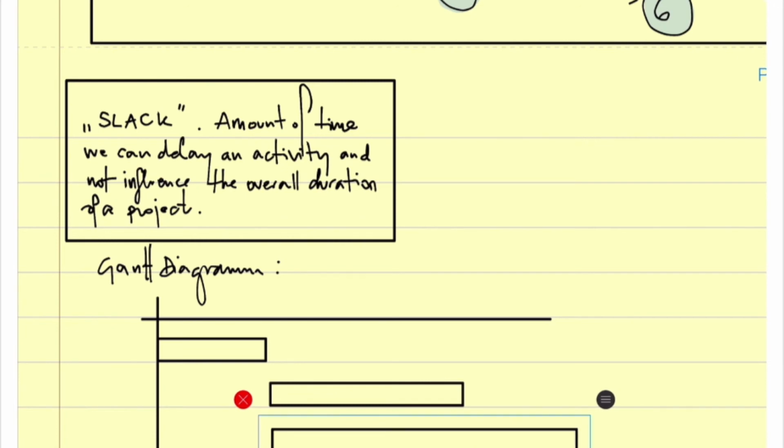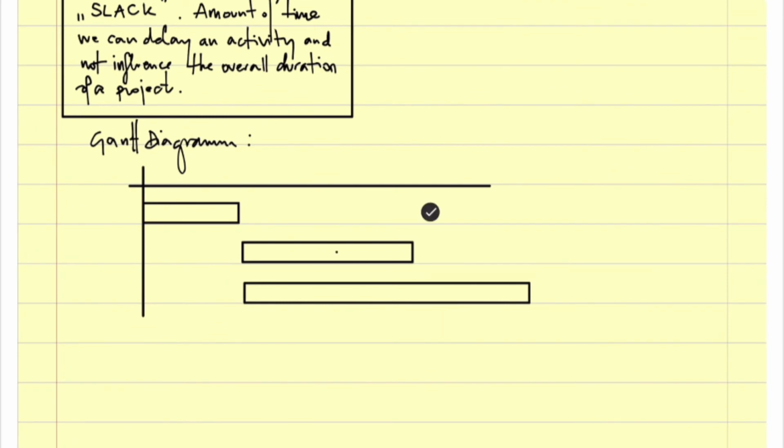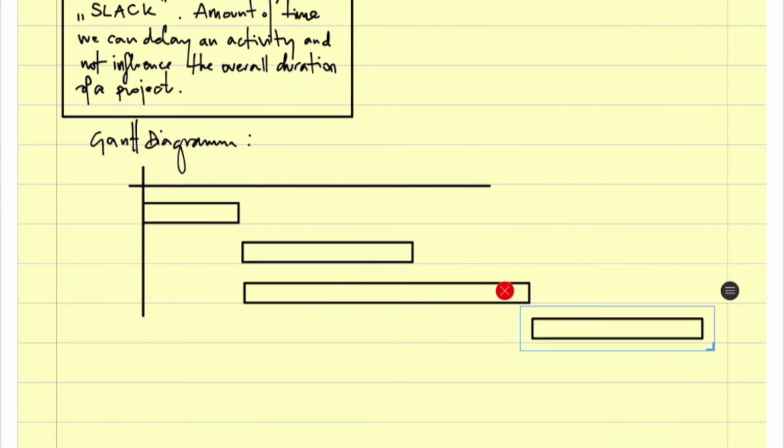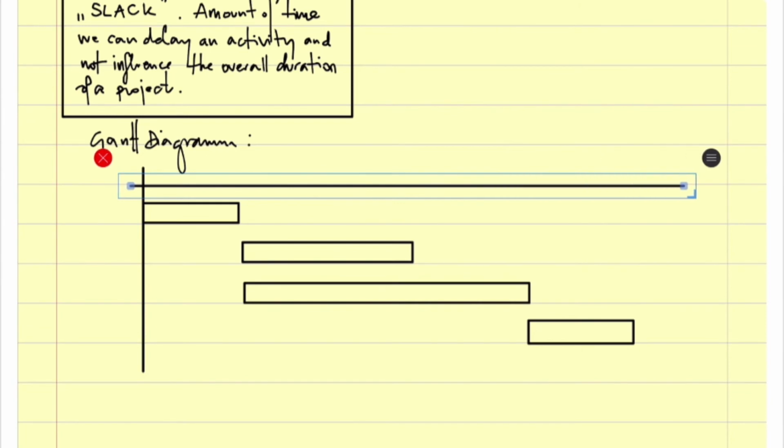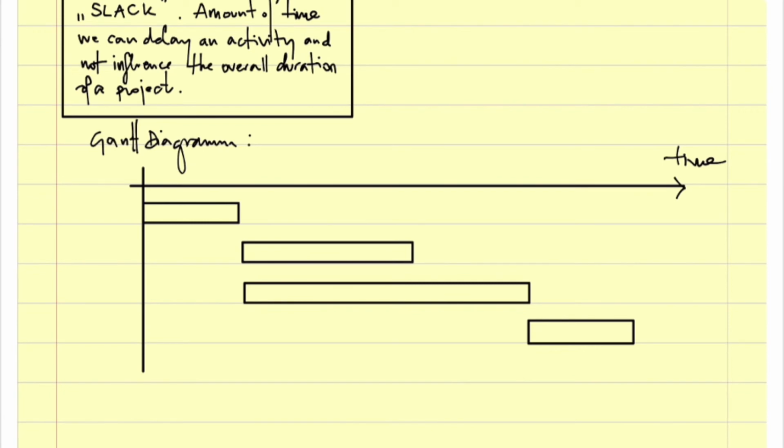Let's say all the way here, and then we have D here somewhere. Okay, so we have A. This is the time. Time slots, and this is the A work package, B work package, C work package, D work package.